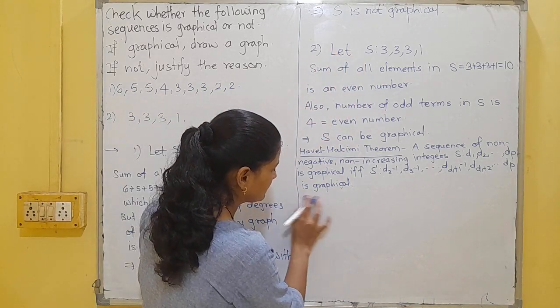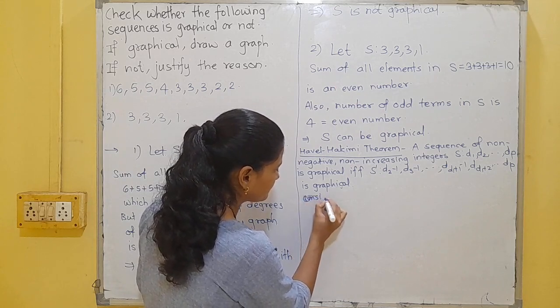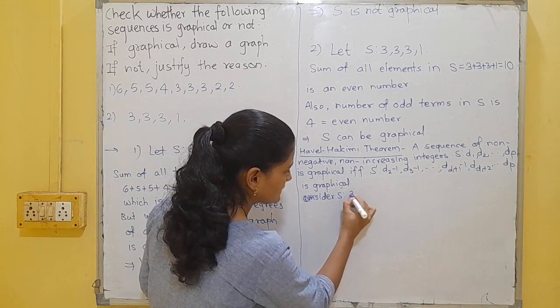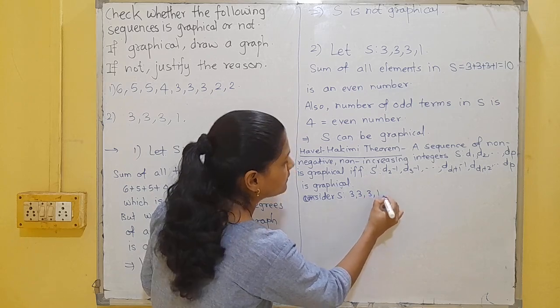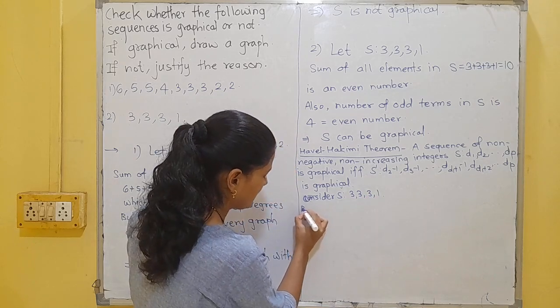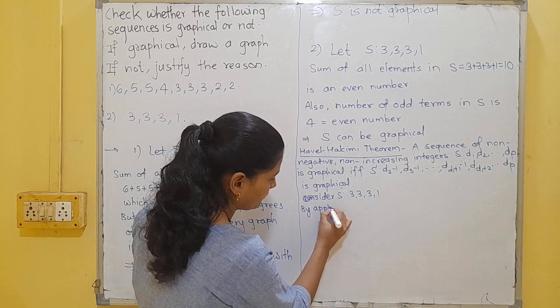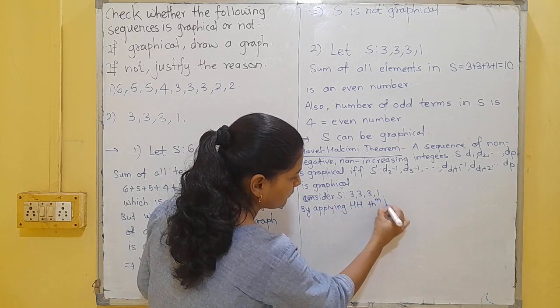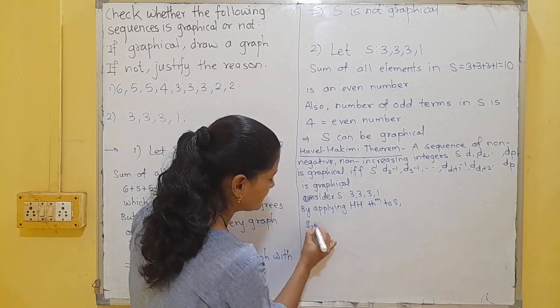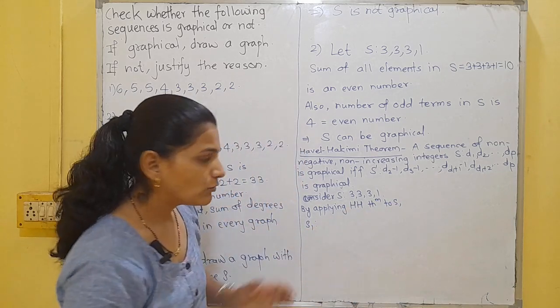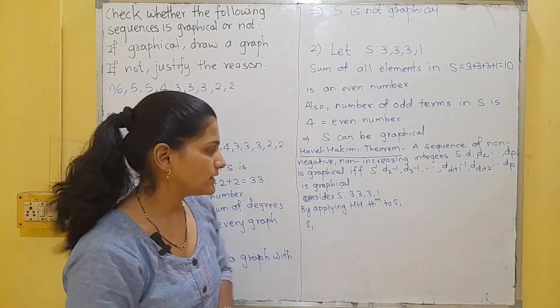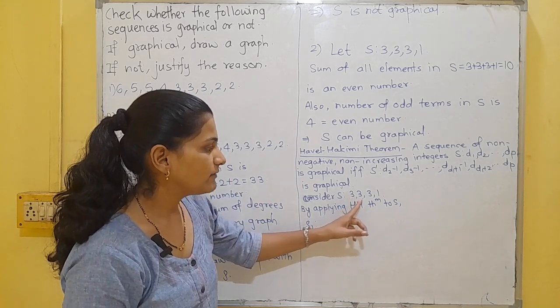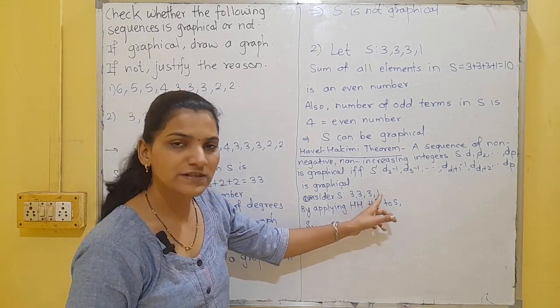Consider S as 3, 3, 3, 1. By applying the Havel-Hakimi theorem to S, we get S1. How do we apply it to the given sequence? This is d1, this is d2, this is d3, this is d4.